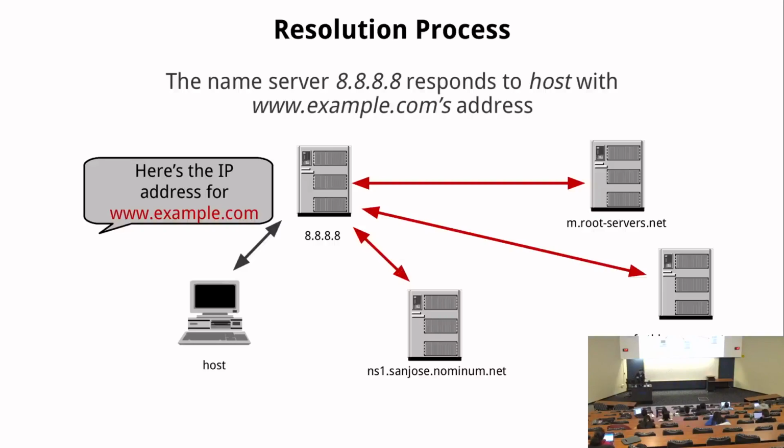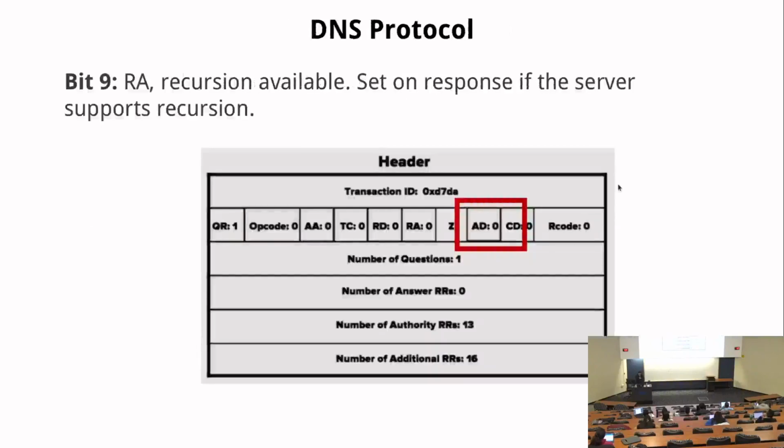That makes their job much easier and their throughput much higher. So they're not going to do the recursive queries for you. Your DNS server is actually using this type of DNS messaging to talk to other DNS servers.